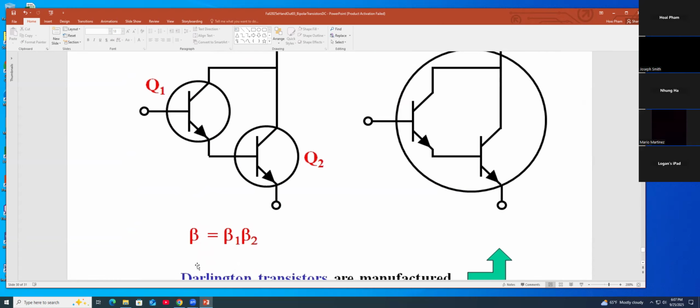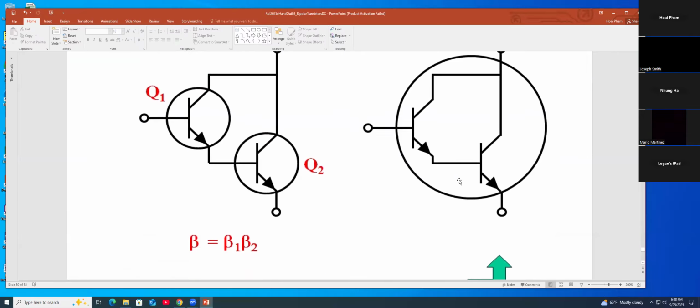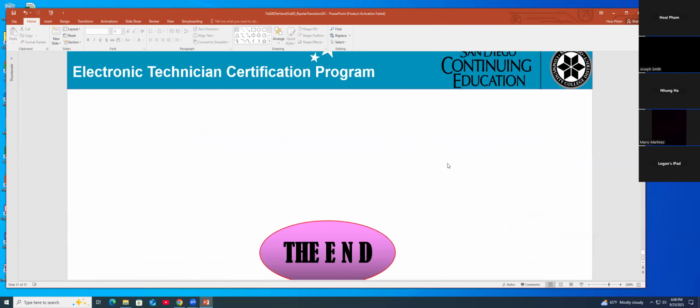So the gain will be beta 1 times beta 2. That means the current will be very high. When you're working with that circuitry, you have to be very careful. For some reason, if something shorts to ground, you can get it burned right away. The thing is the current is very, very high. And instead of connecting outside, they make that into what we call a Darlington transistor, and it will be the same.